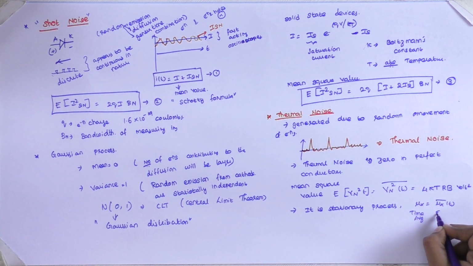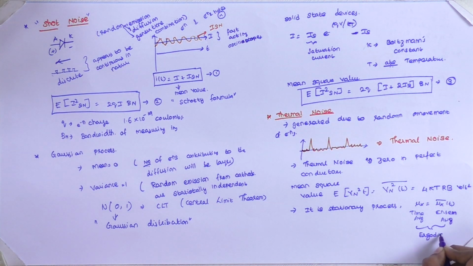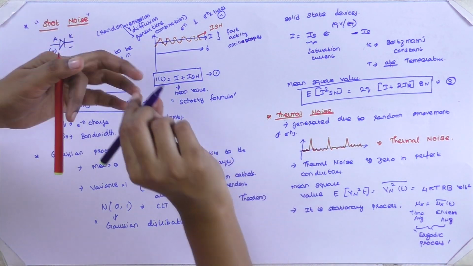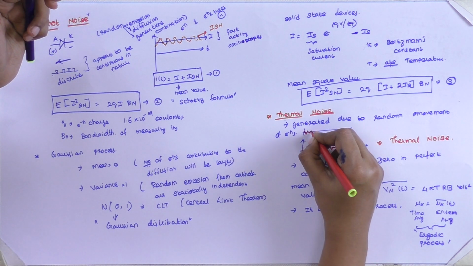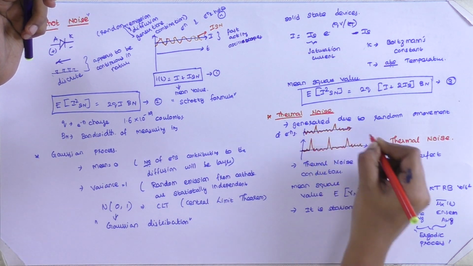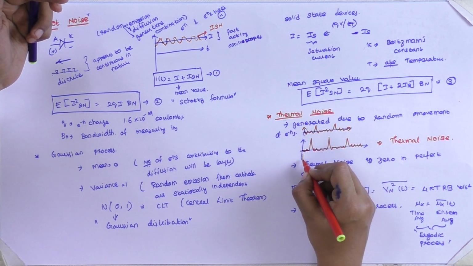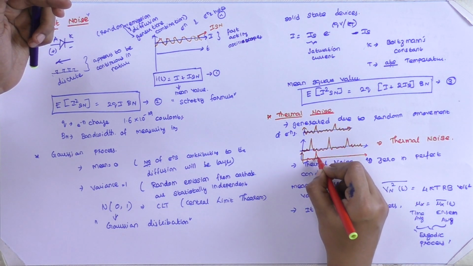When the time average is equal to the ensemble average, we refer to this as an ergodic process. Assume we have several resistors: this is 1, 2 and we have another one called 3.